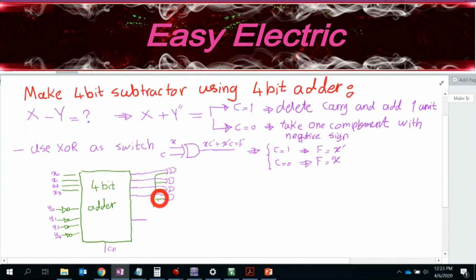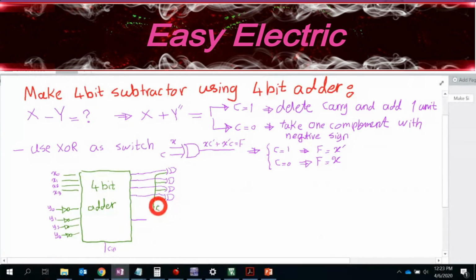That means I have this C, the control, connected to all of the XORs. So for each of these XORs, one input is the S, and the other one is the control. Whenever this C is 1, you tell me.